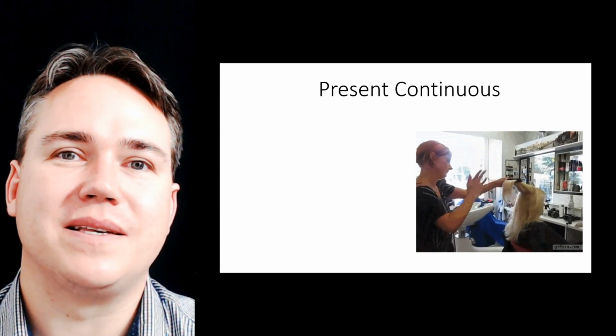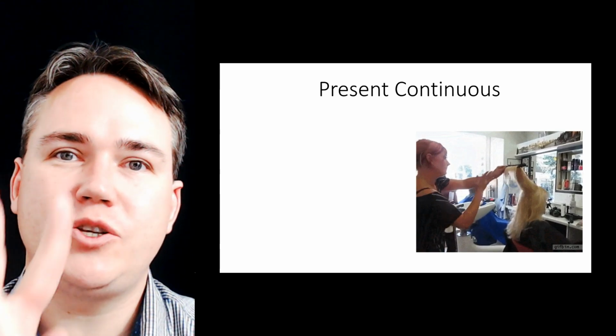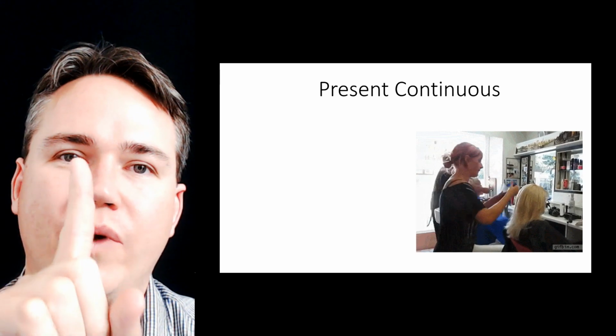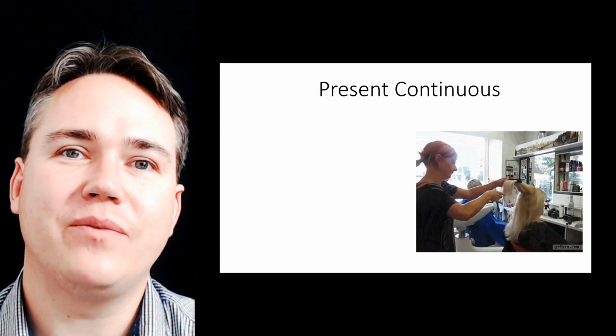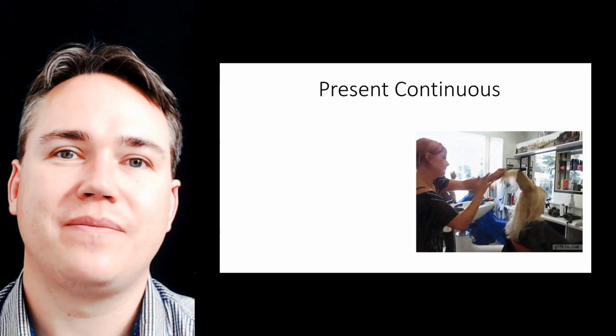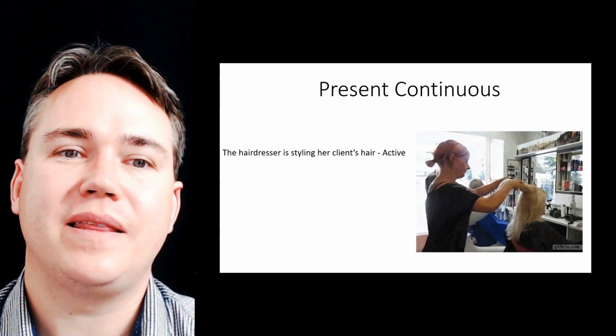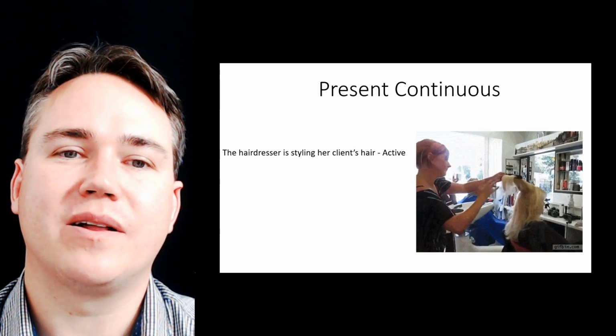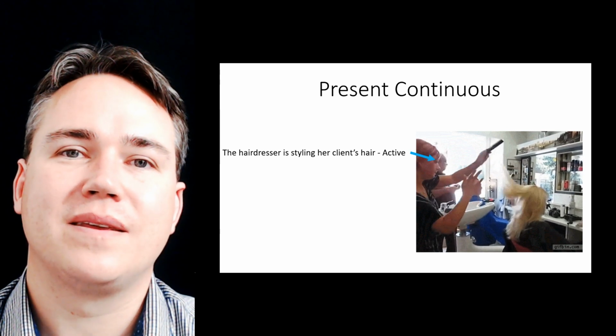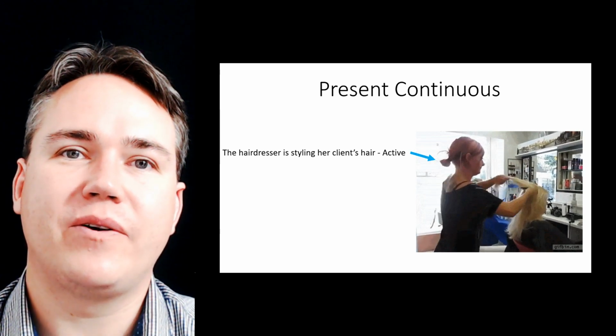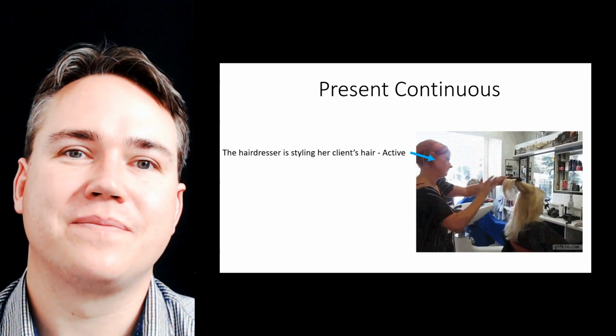Now let's look at this. We can see two people in the picture. One of them is doing an action and the other one is receiving the action. So this person, we say, the hairdresser is styling her client's hair. It's an active sentence because we're focusing on the person doing the action.